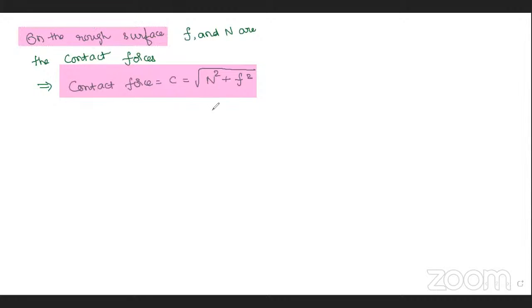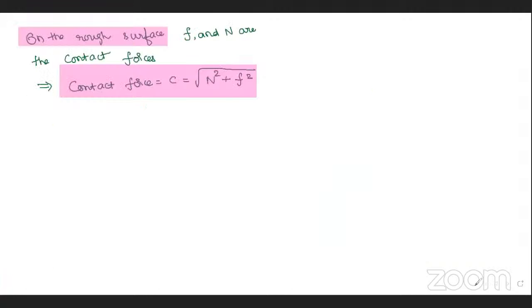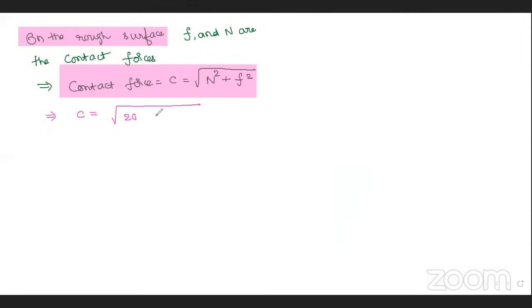Contact force is equal to root of F square plus N square. Is it 20? Yes, Lakshmi Gayatri. That implies C is equal to root of N square, that is 20 square.